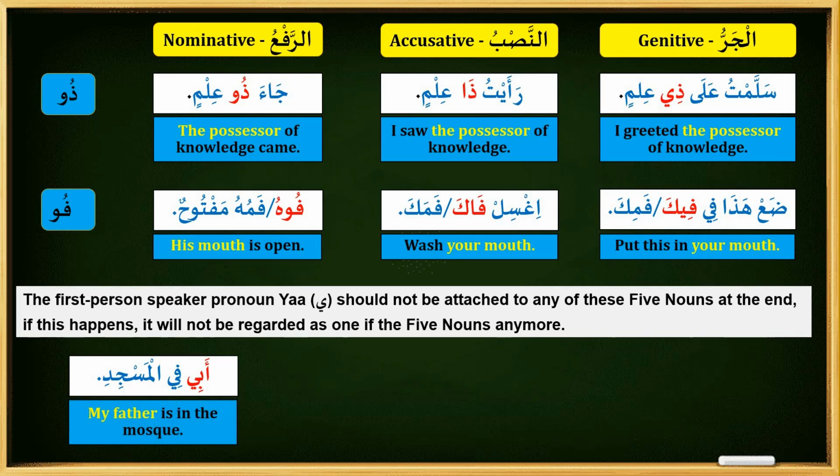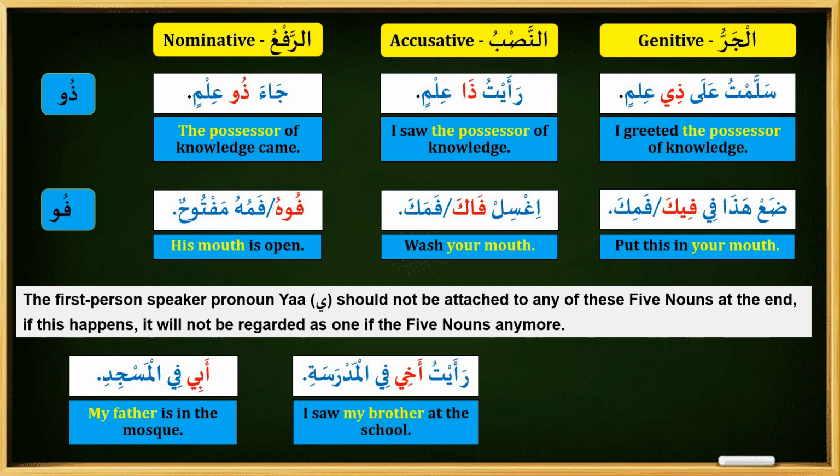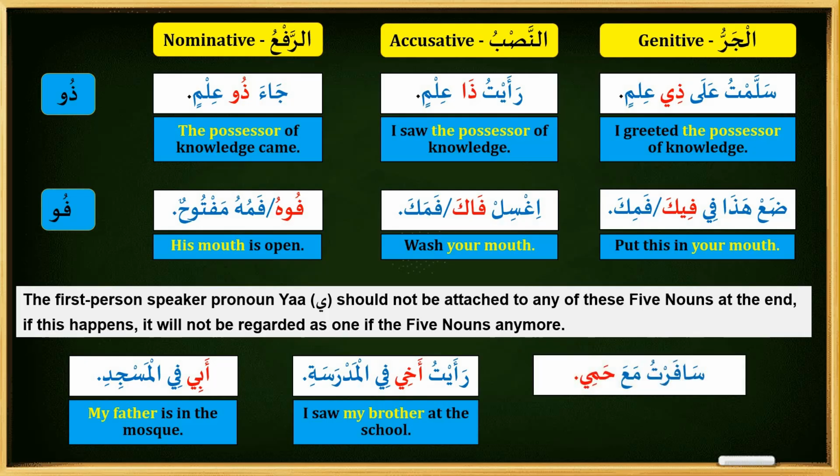My father is in the mosque. أبي here is not one of the five nouns, it is my father. رأيت أخي في المدرسة. I saw my brother at the school. And سافرت مع حمي. I traveled with my father-in-law. As we see, these are not among the five nouns, these are attached first person pronouns.